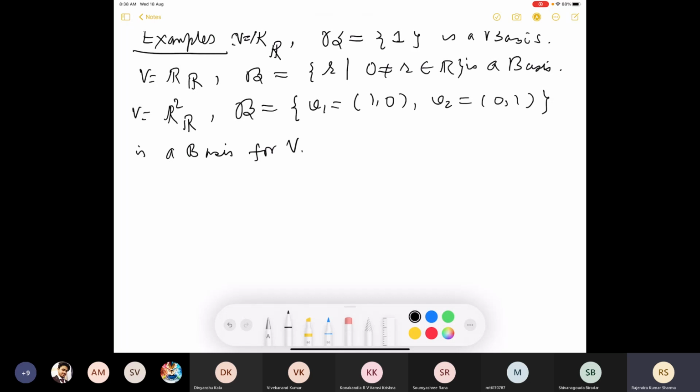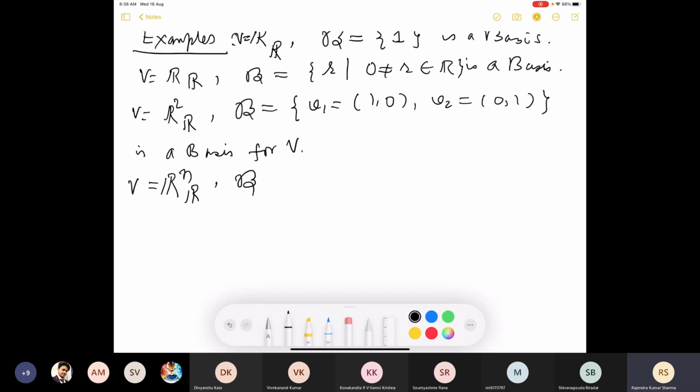Now, if you take this as R3 over R or Rn over R for that matter, this consists of n-tuples, say alpha 1, alpha 2, ..., alpha n, each alpha from R. It becomes a vector space with respect to coordinate wise addition, and scalar multiplication means each coordinate is multiplied by the scalar, say alpha.